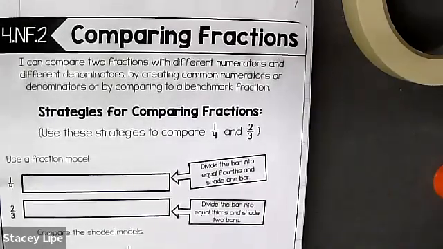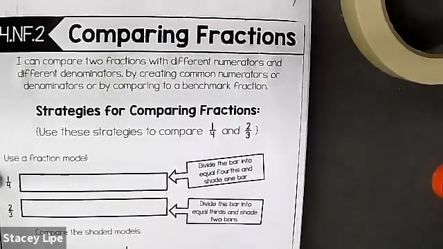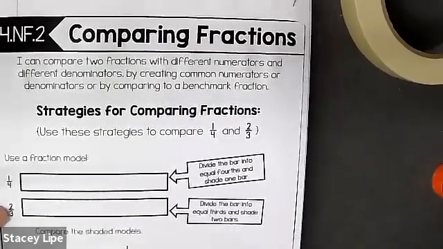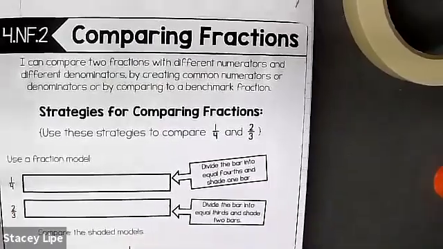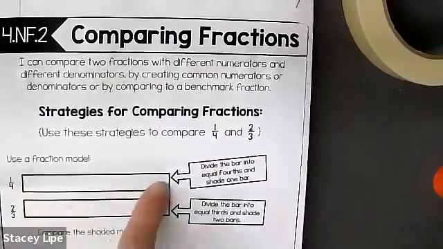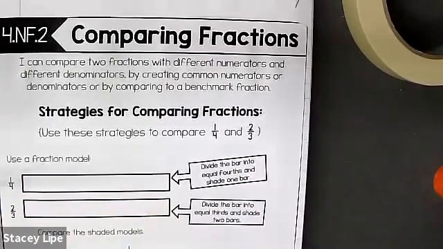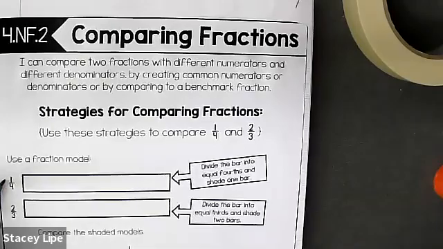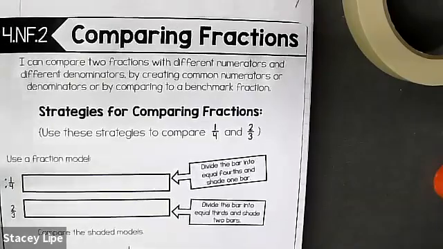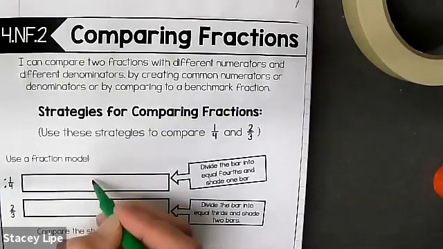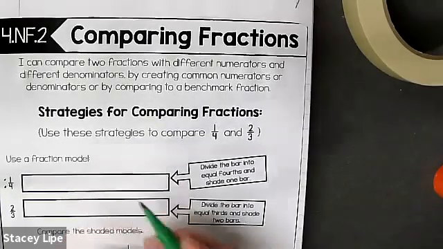So using a fraction model, we're going to compare 1/4 to 2/3. Okay, so we're going to take this first bar and divide it into equal fourths, and we're going to shade 1 bar because it's 1 out of 4. To divide this into 4 equal parts, I'm going to start off by dividing it into 2 equal parts.